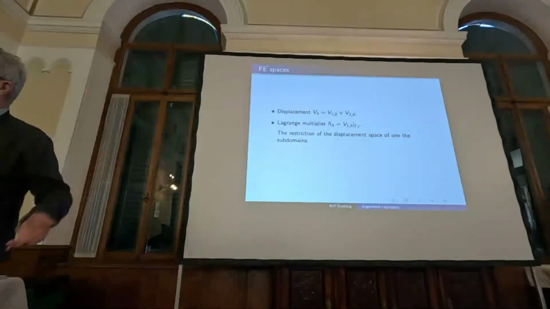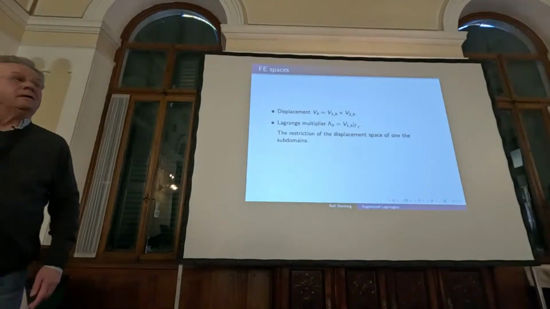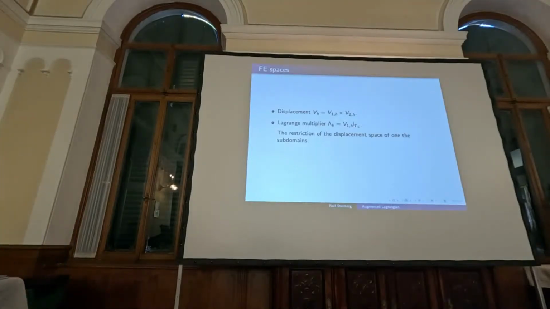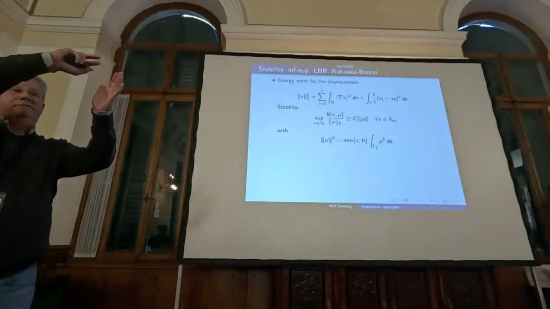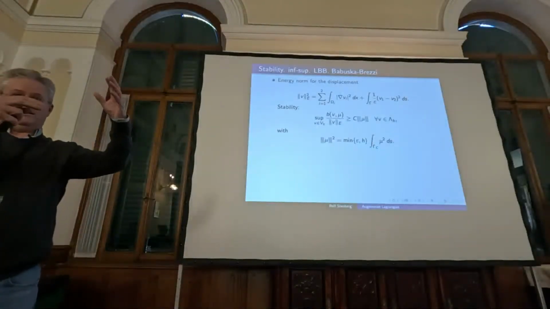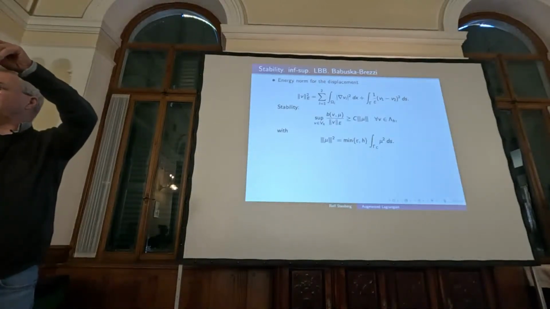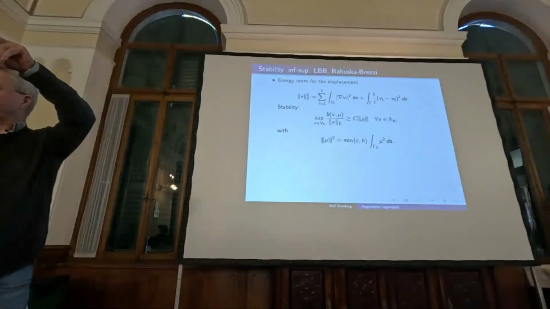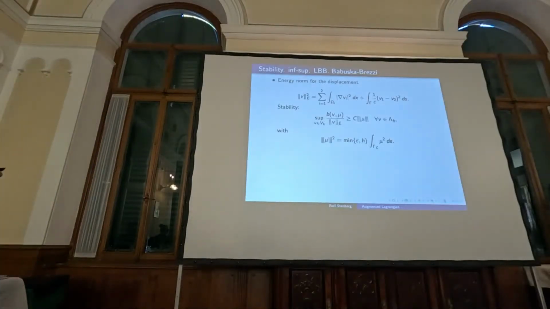For the field variable, you use piecewise linear, piecewise quadratic, and so on. But how do you choose the Lagrange multiplier space? What I think a lot of people do is, if you have, say, body 1 here, with a mesh on the boundary, use the same type of basis functions: linear, continuous on that boundary.